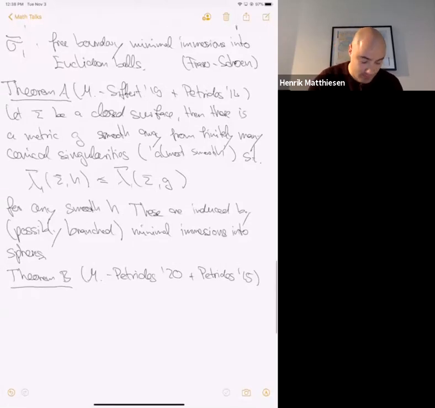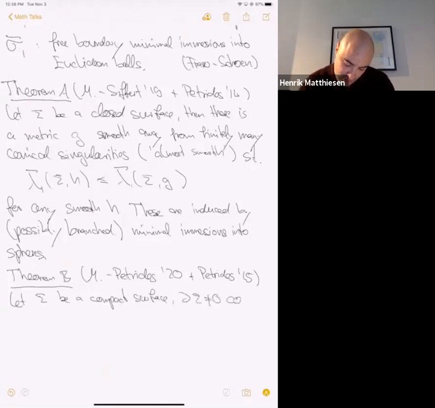Okay, so let sigma be a compact surface. Let's say the boundary is non-empty, also compact and smooth. So now here's the subtle difference. Then there is a smooth maximizing metric.